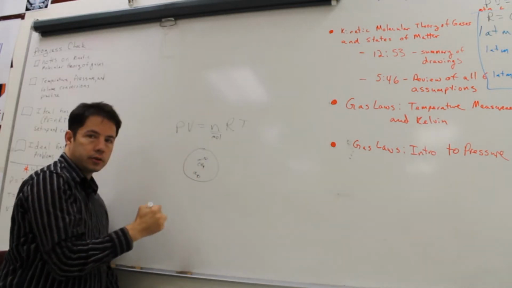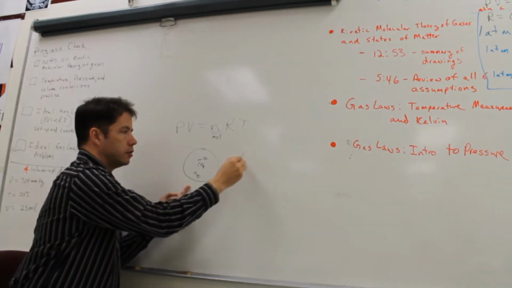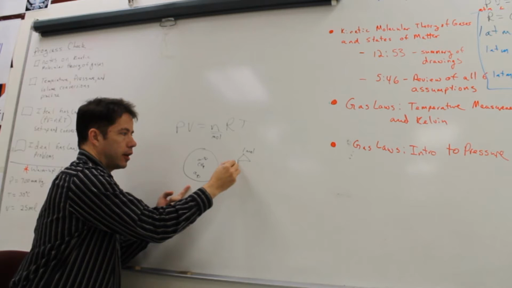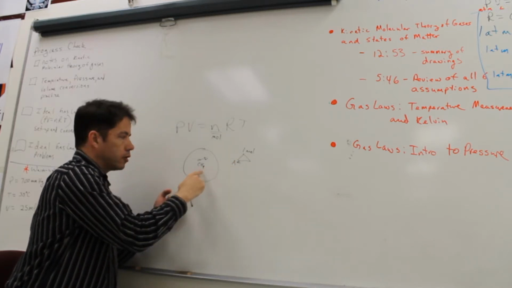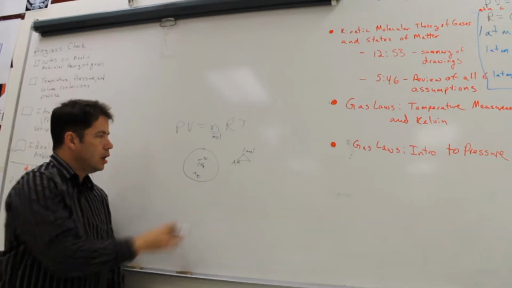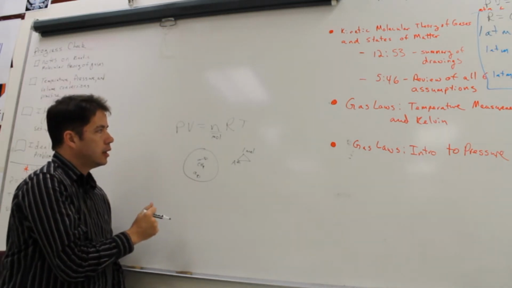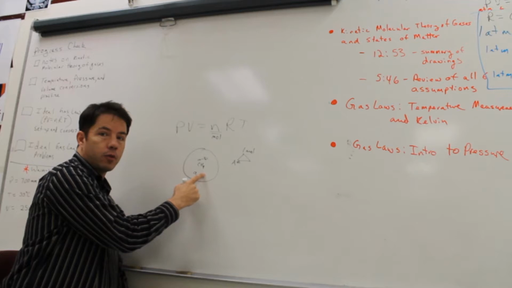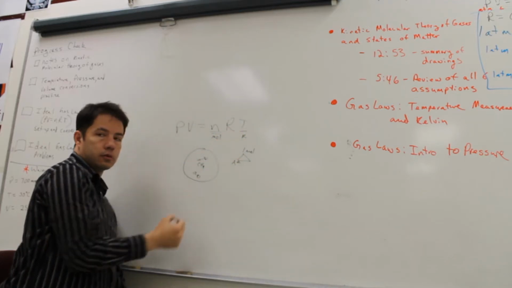Now, moles is based on the mass of it, right? But we learned from our triangle that if I have 1 mole of gas, I can actually figure out how many particles, using Avogadro's number, are in this container, okay? So if I have a number of moles in here and they're bouncing around, I can actually determine how fast they're moving in here, and that's where we look at the temperature in Kelvin.